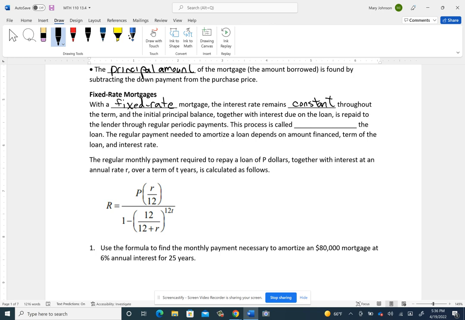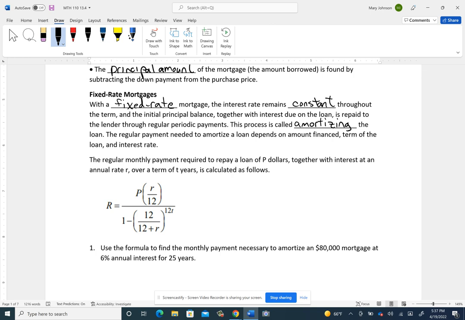Okay, and you can figure out what that payment is going to be by doing something we call amortizing. So the process of determining that regular payment is called amortizing the loan. Okay, and then what the regular payment turns out to be depends on, of course, how much you borrowed, how long you're going to have the loan, and what the interest rate was.